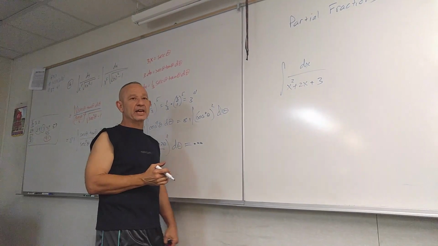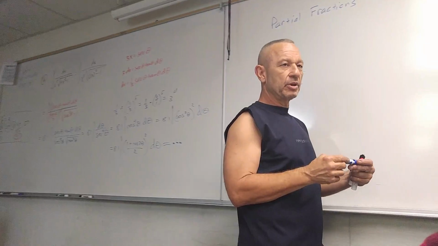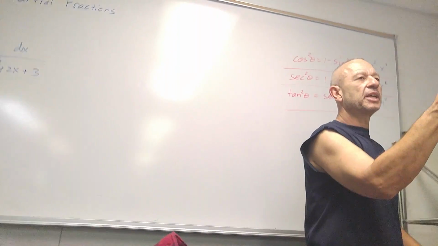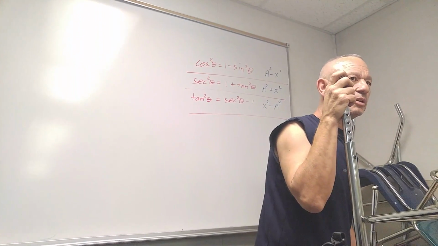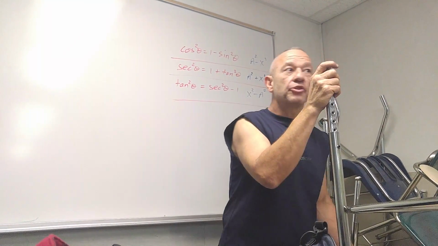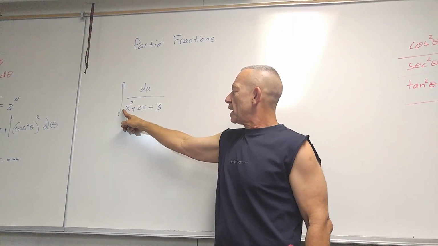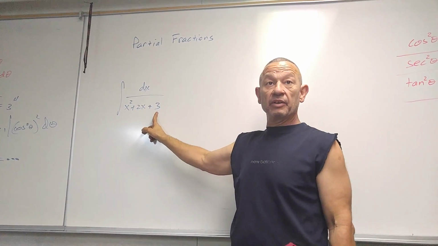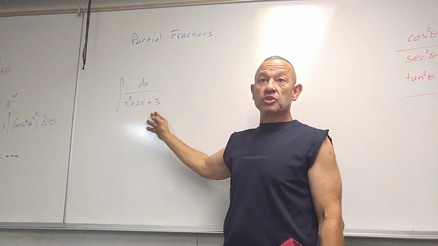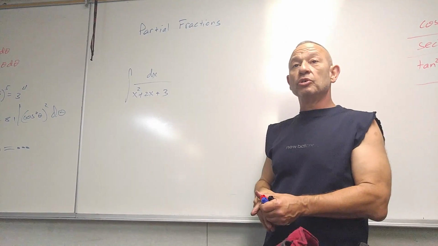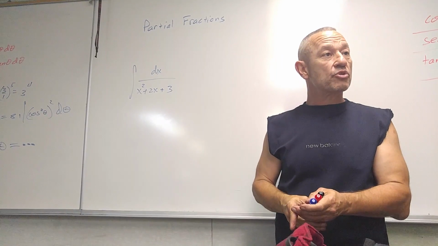That does not factor further. How do you know that? Tell me how you know. The discriminant. B squared minus 4 times A times C is negative. So this has no roots. This does not factor.